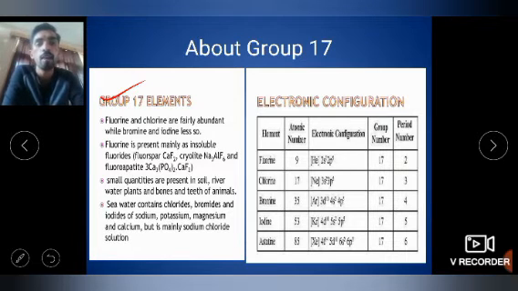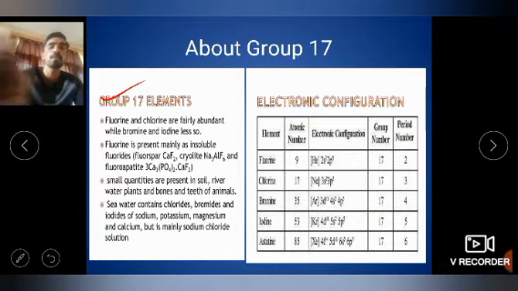Bromine and iodine are not that much. Fluorine is present mainly in soluble fluorides, in cryolite, fluorspar and fluorapatite. Small quantities are present in soil, river water, plants, and bones and teeth of animals also. Sea water contains chlorides, bromides and iodides of sodium, potassium, magnesium and calcium, but it is mainly sodium chloride solution, which is found in the sea.